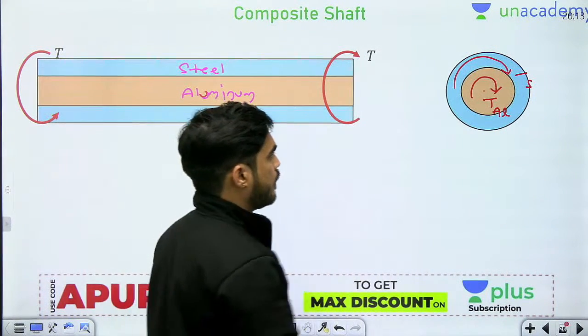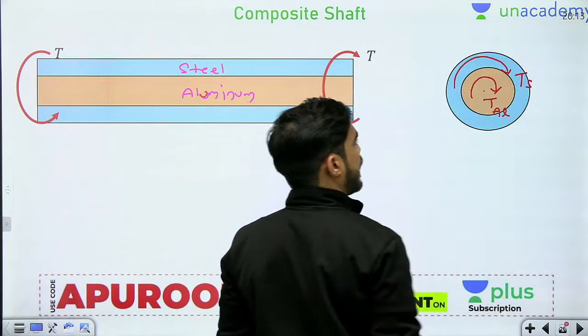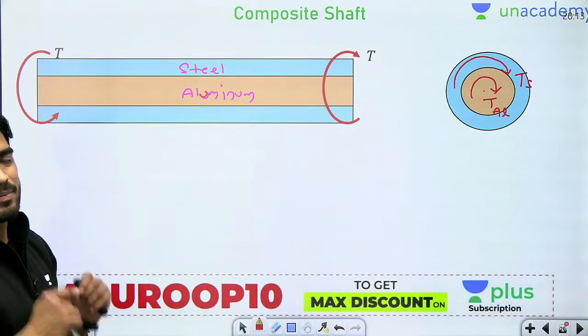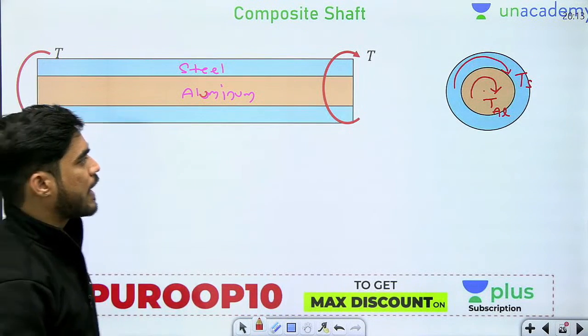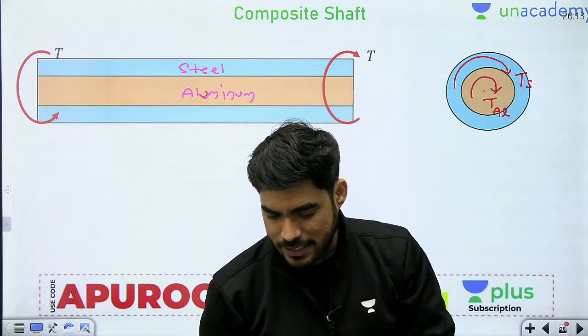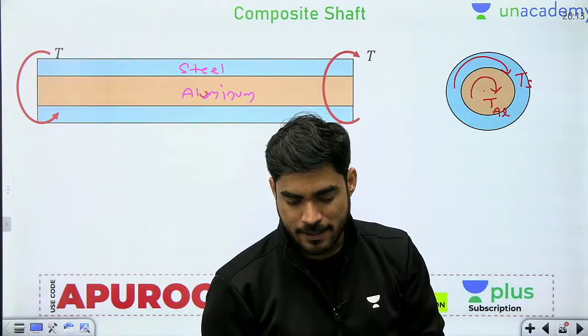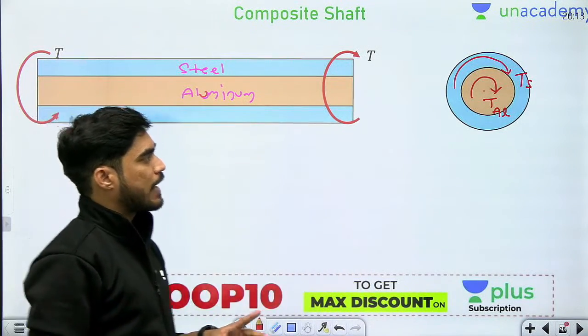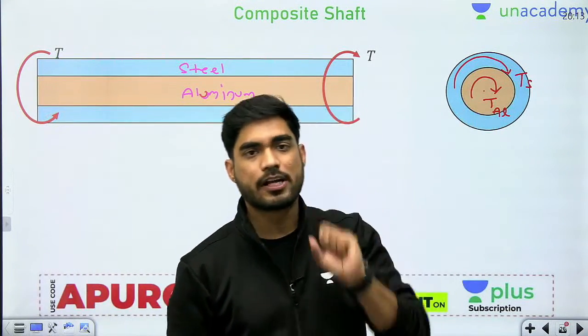Now here you need to find the value of Ts and Ta. So how do we get the value of Ts and Ta? In order to calculate Ts and Ta, we need two equations.